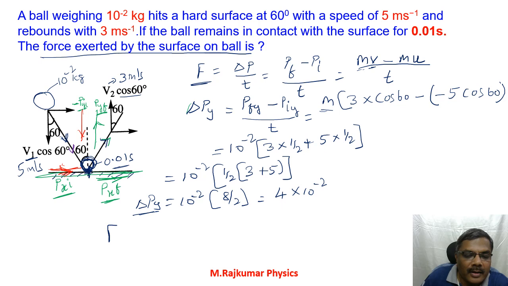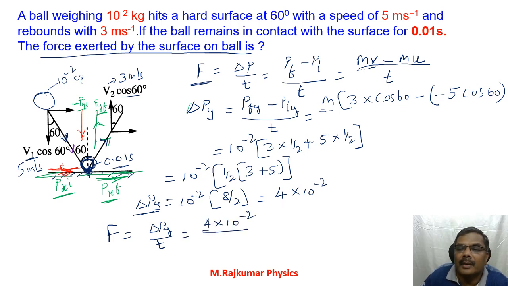We are going to find out the force exerted. The force will be equal to delta Py by t. So it will be 4 into 10 power minus 2 divided by the time. The time given is how long it is in contact with the surface, 0.01 second.